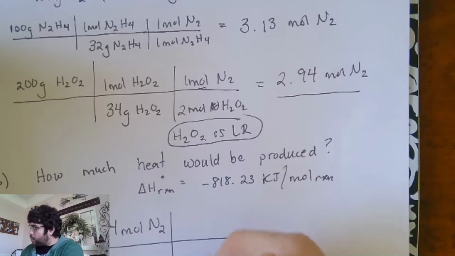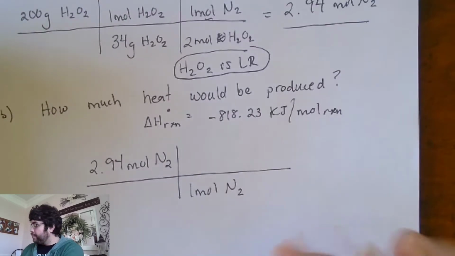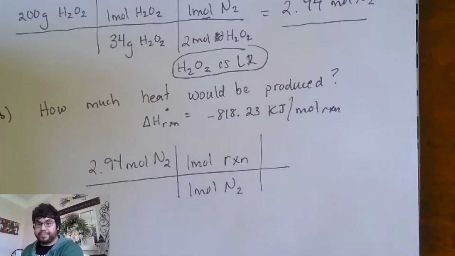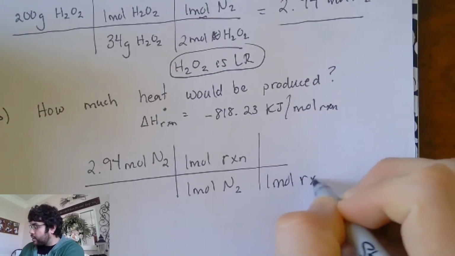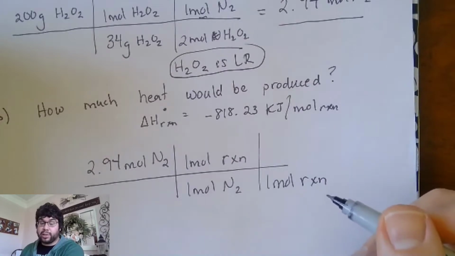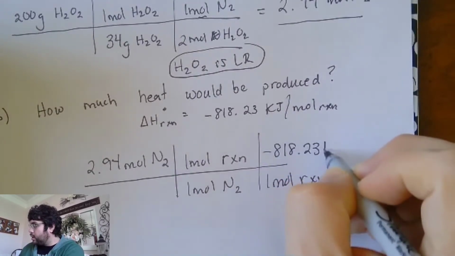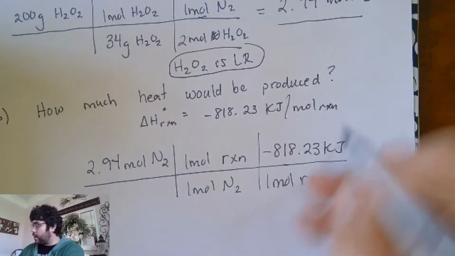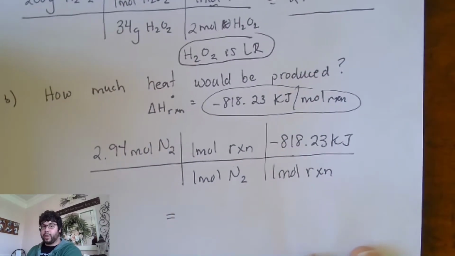So 1 mole of N2, move that up, to 1 mole of reaction. All right? And then for every 1 time the reaction occurs, every 1 mole times the reaction occurs, negative 818.23 kilojoules of energy are released. Okay? That's where I use this value right here. And then I do the math. All right?